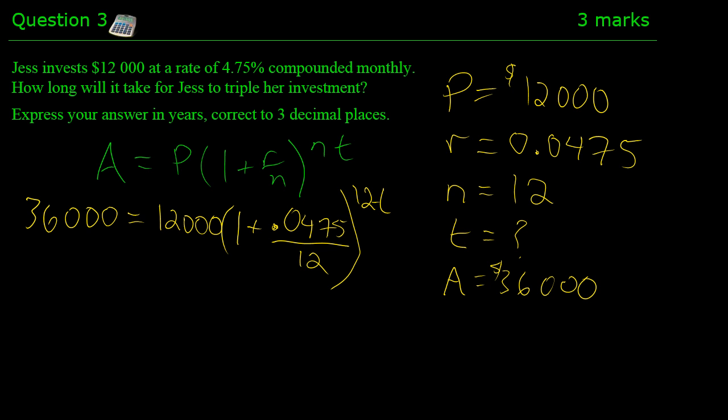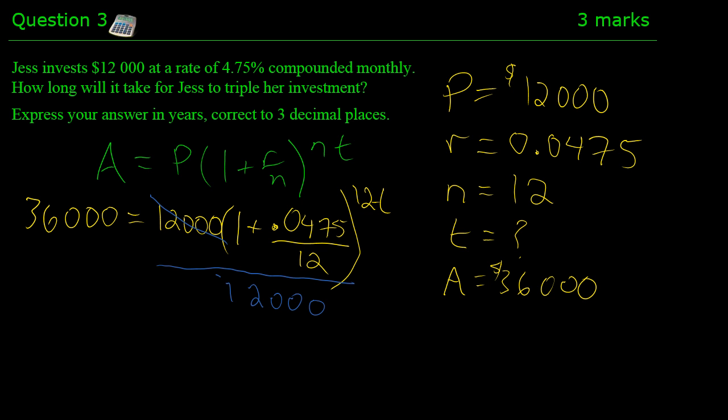So the very first thing you should do, besides doing the exponent, is I like to change the problem. Instead of starting with 12,000 and going to 36,000, I like to start with $1 and go to $3.